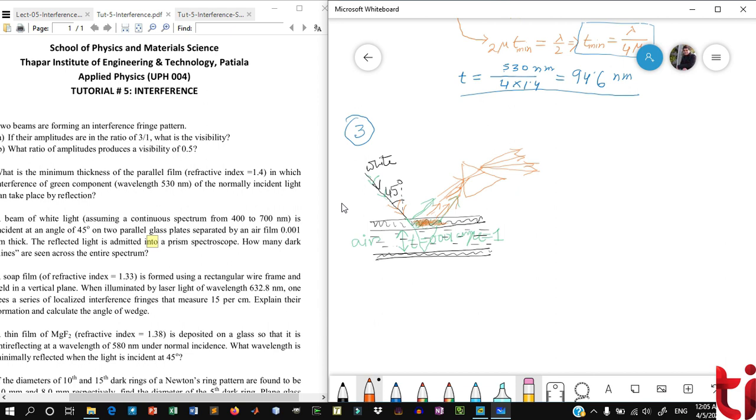If this light consists of several wavelengths, then I will see a spectrum of several wavelengths.